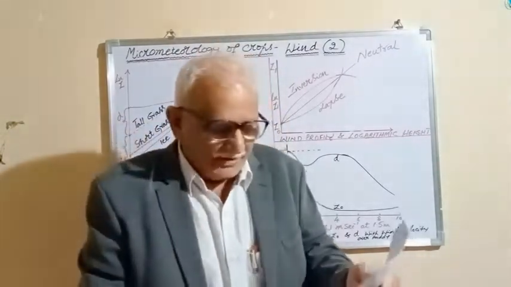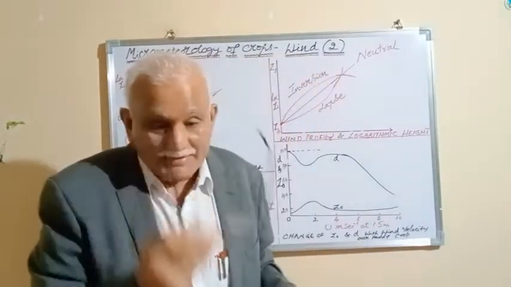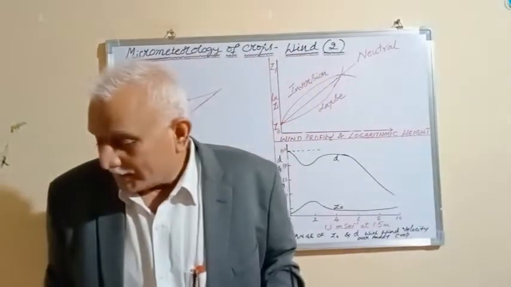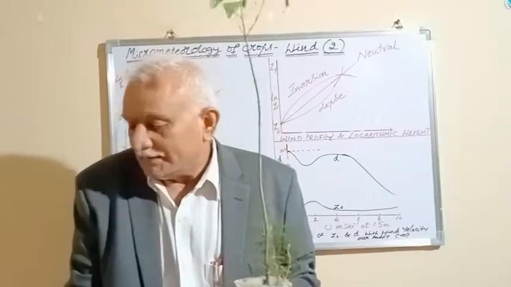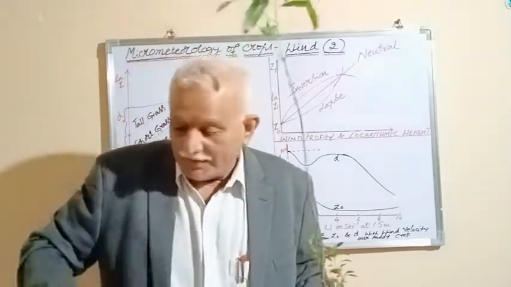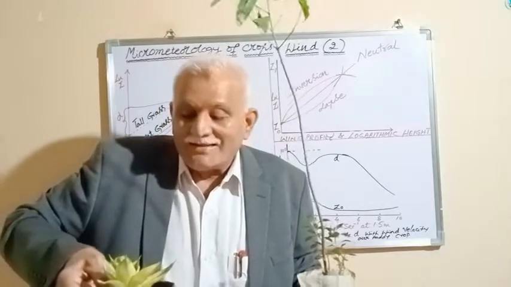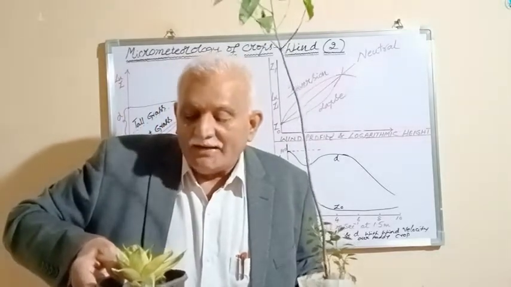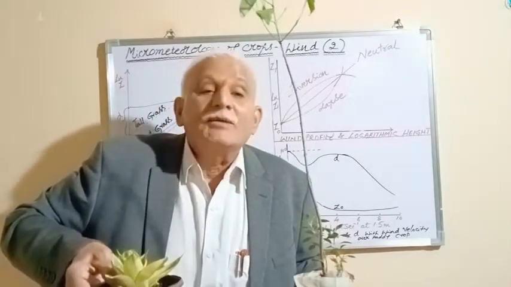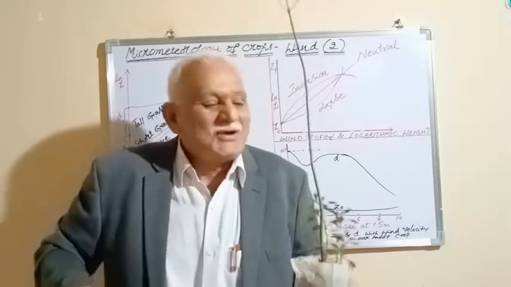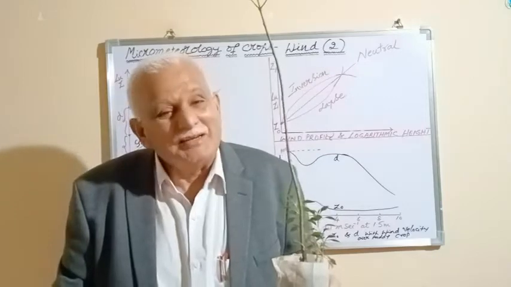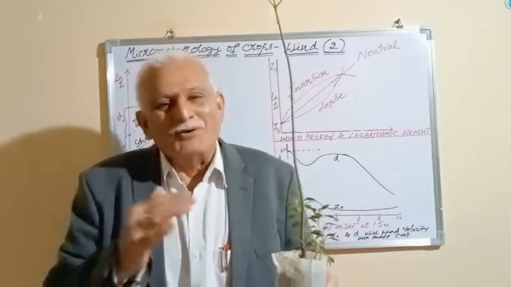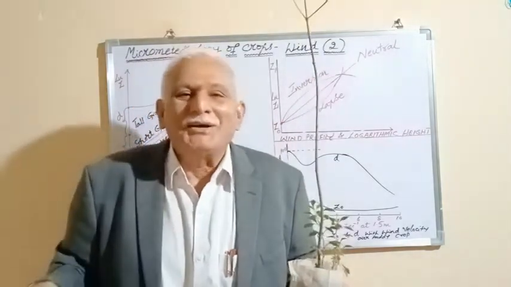I would like to impress upon you once again the roughness parameter. The roughness parameter is Z0 for a short grass. It is the hypothetical height from where the logarithmic wind profile holds good. For a tall crop, the roughness parameter is slightly more than for the short grass.